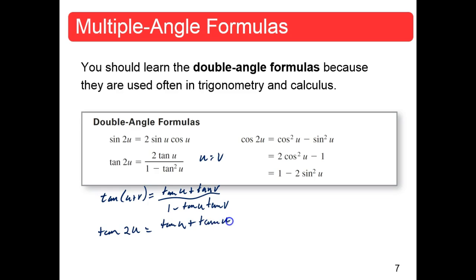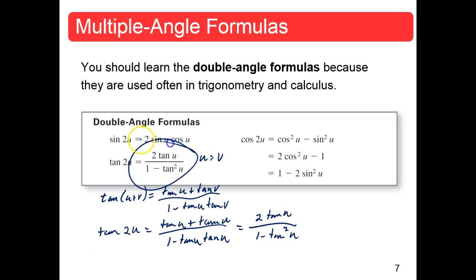Tangent u again, okay? Divided by 1 minus tangent u stays tangent u, but now tangent v also becomes tangent u, okay? Well, that becomes 2 tangent u over 1 minus tangent squared u. And that's exactly what we've done there.